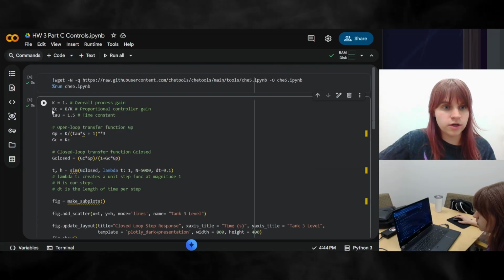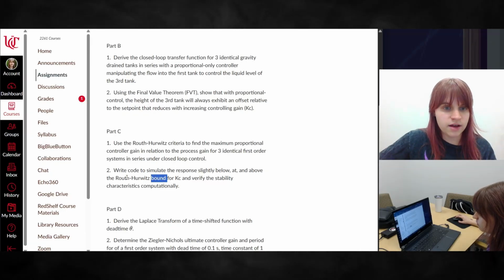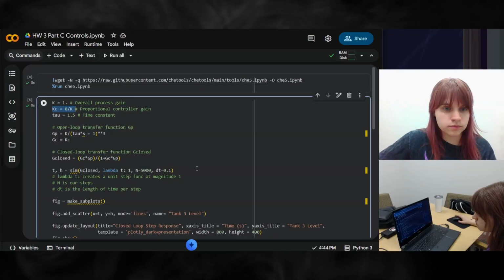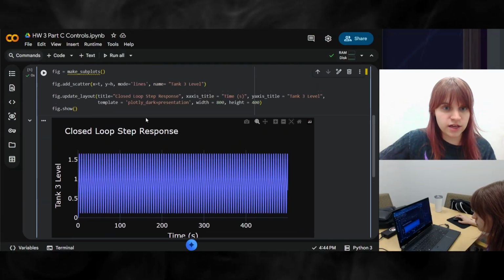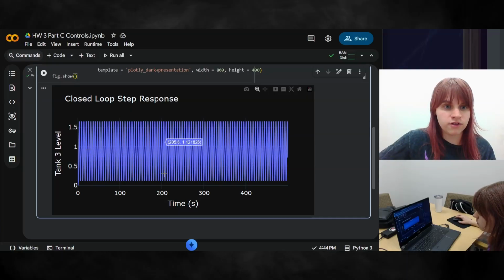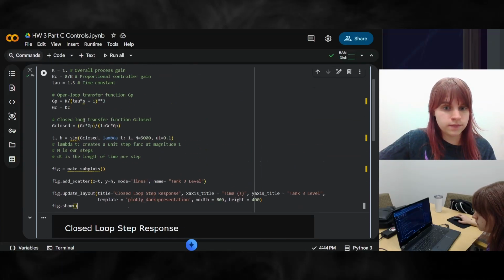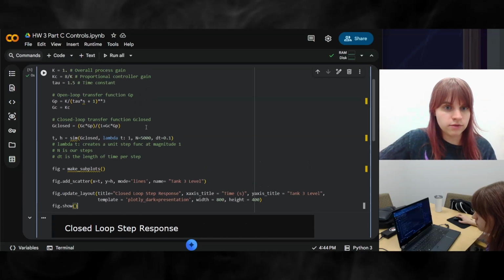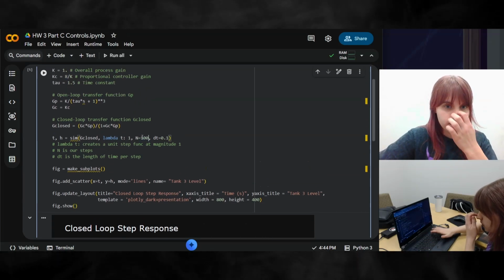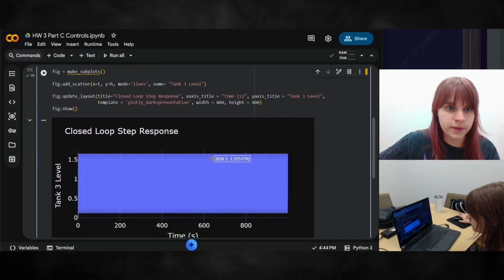As you can see, when our Kc is at that Routh-Hurwitz bound, it isn't stable, but it's also not really diverging. It's just oscillating between the same values constantly. And if I run this for a longer amount of time, it should look the same. It just might take a bit longer.